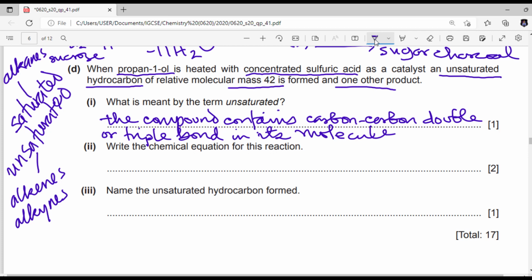Right? Fine. Now write the chemical equation for this reaction. That's for the reaction between propan-1-ol and concentrated sulfuric acid as a catalyst, to form an unsaturated hydrocarbon. Now, first of all, propan-1-ol, which homologous series does it belong to? It belongs to the alkanols, because of the ol.